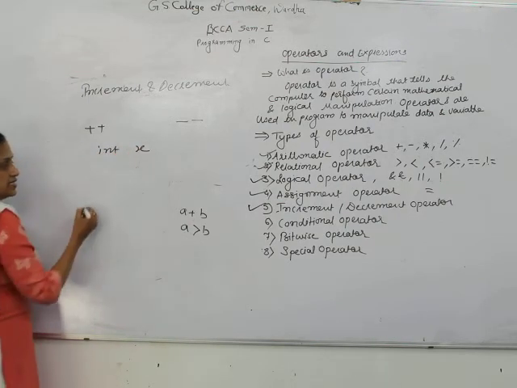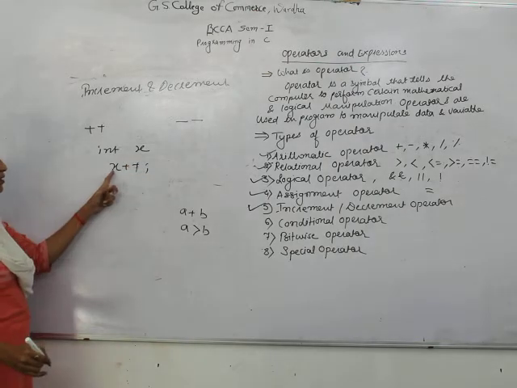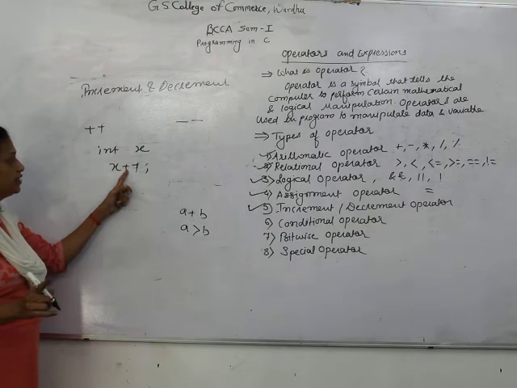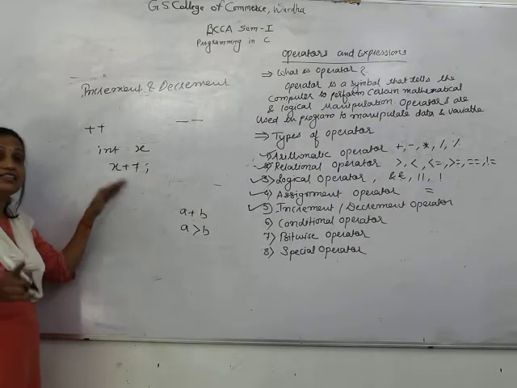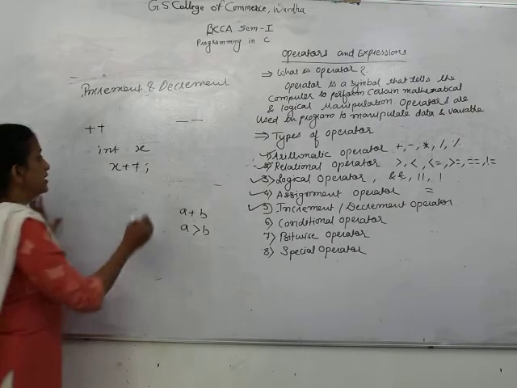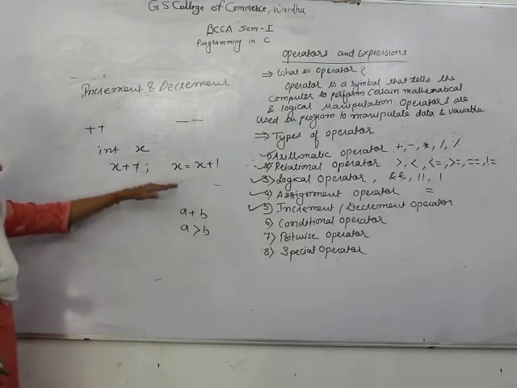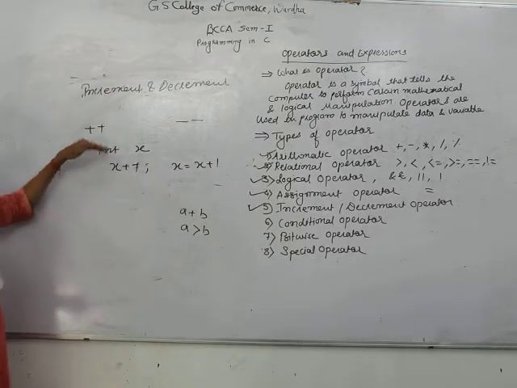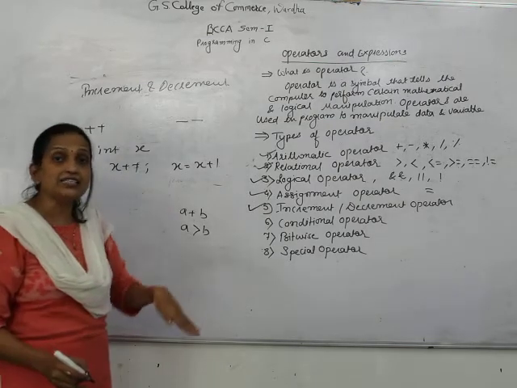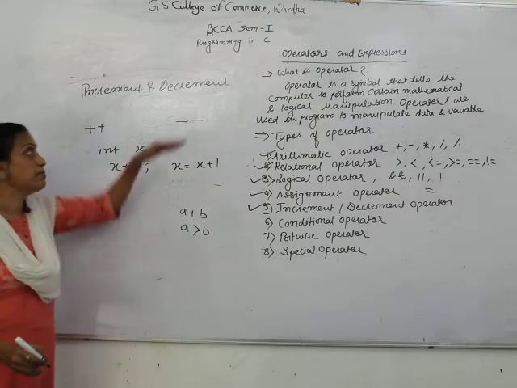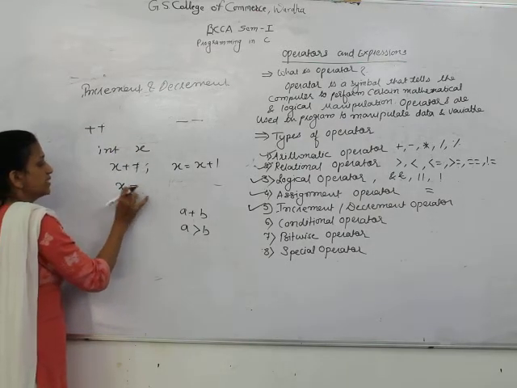If there is int x and x plus plus, what will happen? x is a single operand and here we are using the increment operator. It will increase the value of x by 1. Instead of writing x equals x plus 1, you can increase the value of x by using the increment operator. Similarly, you can decrease the value of the same operand by using the decrement operator, x minus minus.